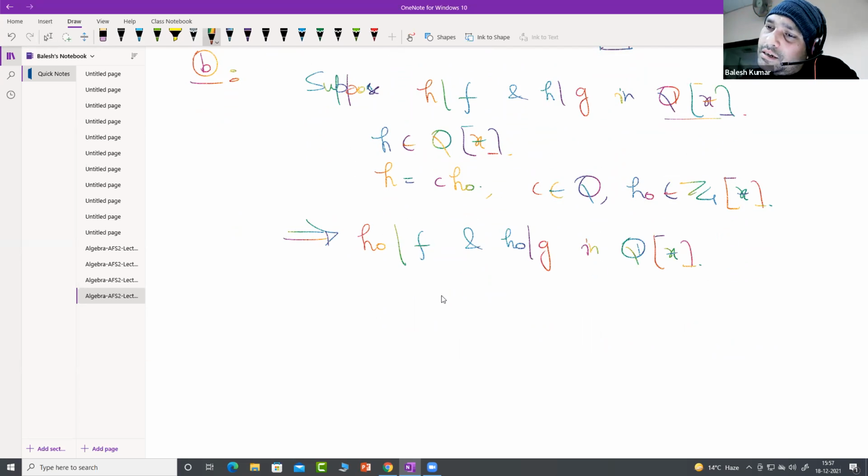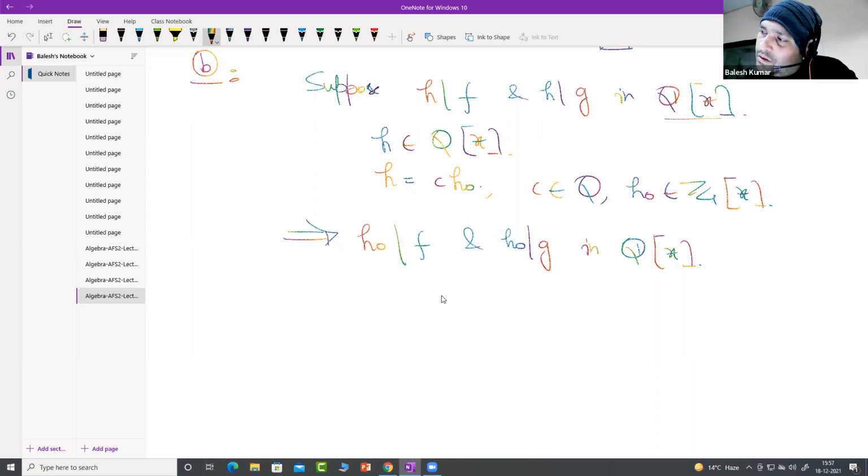Because h0 divides h, and h divides f, we can write this in Q[x]. But our aim is to find a common factor inside Z[x]. And we can use part A of the above proposition.